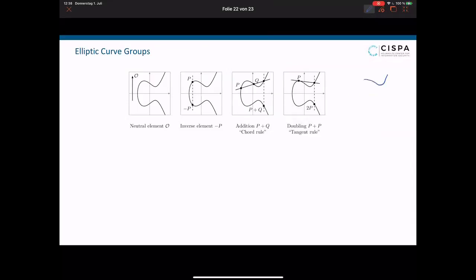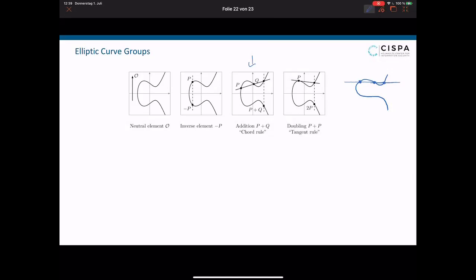Let me maybe draw my own copy here. It doesn't look that good. But if you have 2 points on such an elliptic curve, then you get the guarantee that if you draw a line through these two points, there's exactly a unique third point on this elliptic curve which is also on this line.